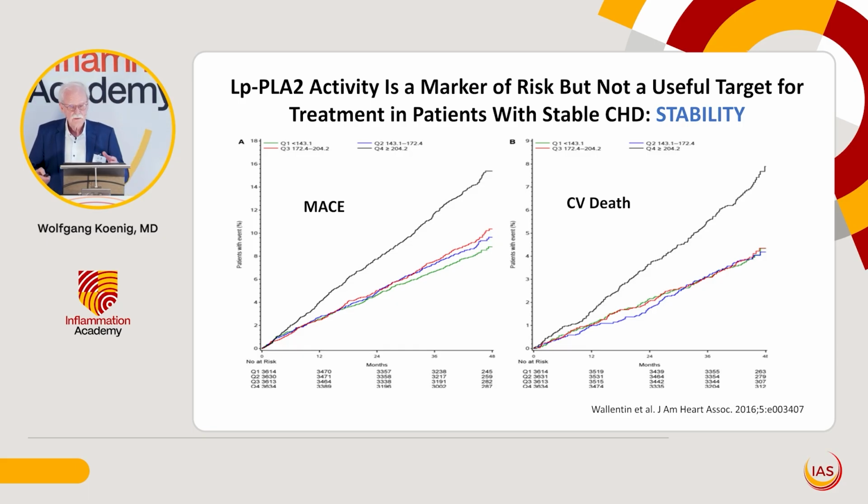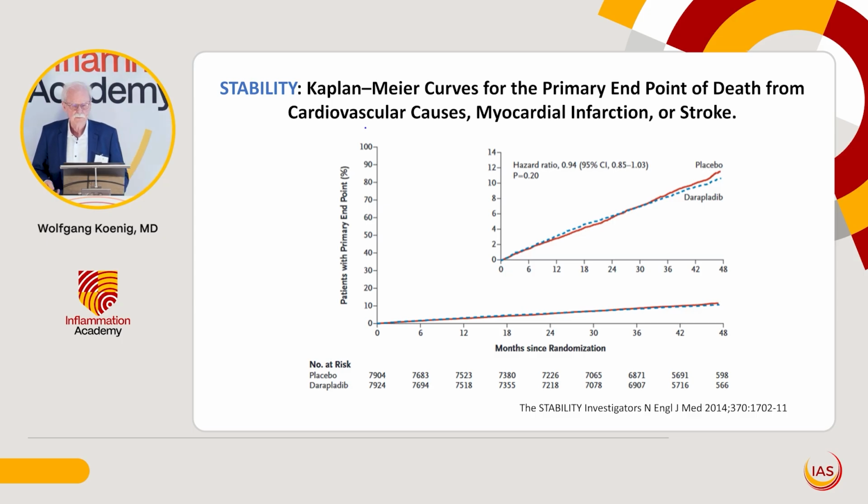But there was a clear signal that very much increased Lp-PLA2 activity is not really beneficial. And this supported assumptions that intervening with Lp-PLA2 might result in a benefit for the patient.